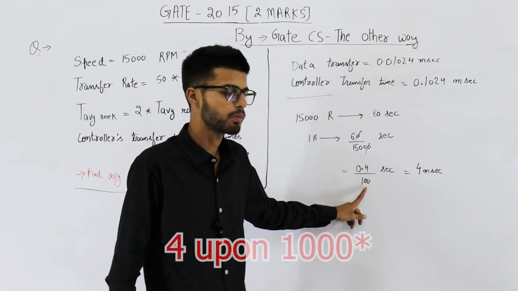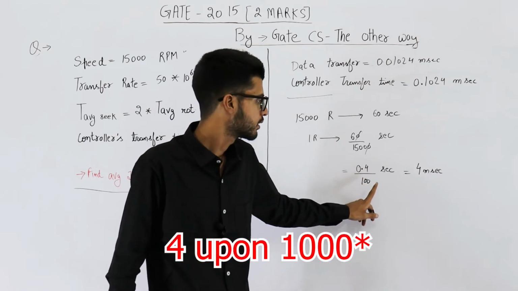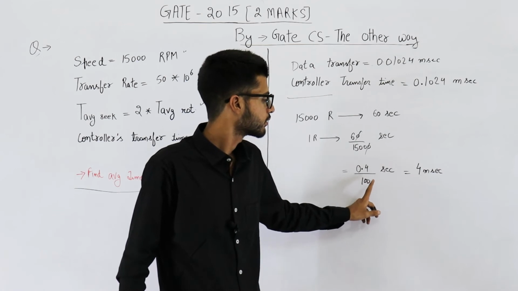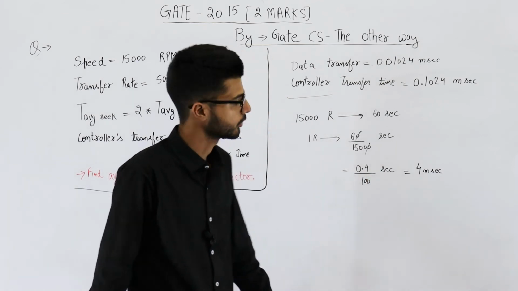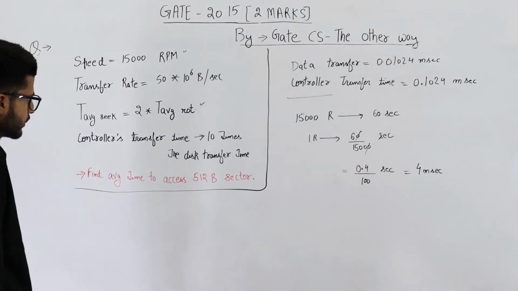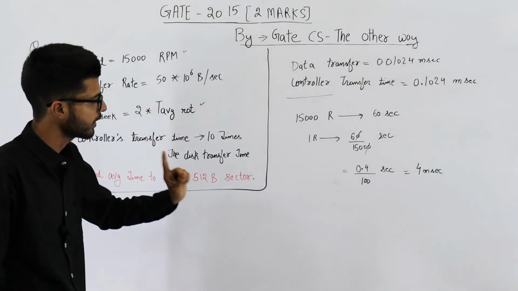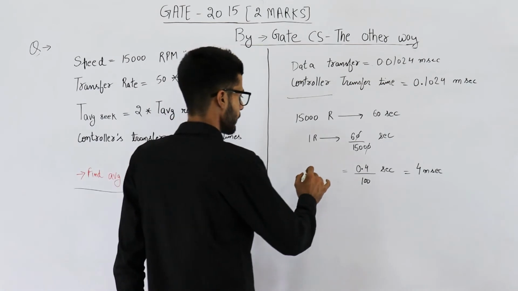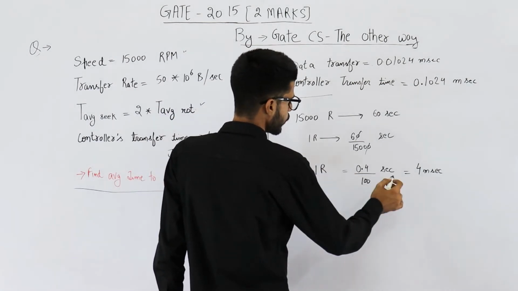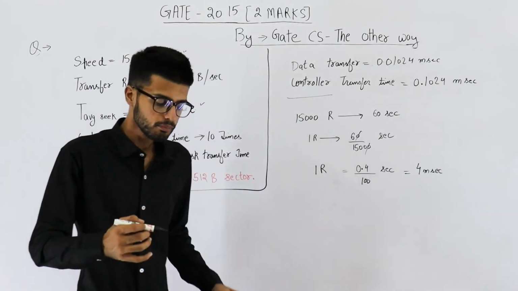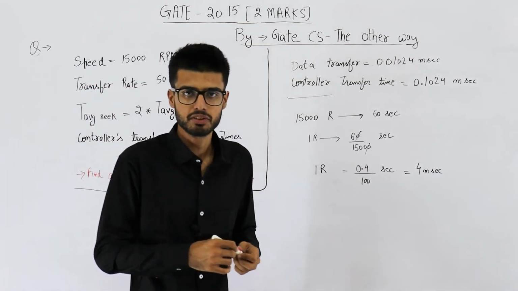That will be 40 upon 1000, which is 4 millisecond. Okay. That means one rotation requires 4 milliseconds.